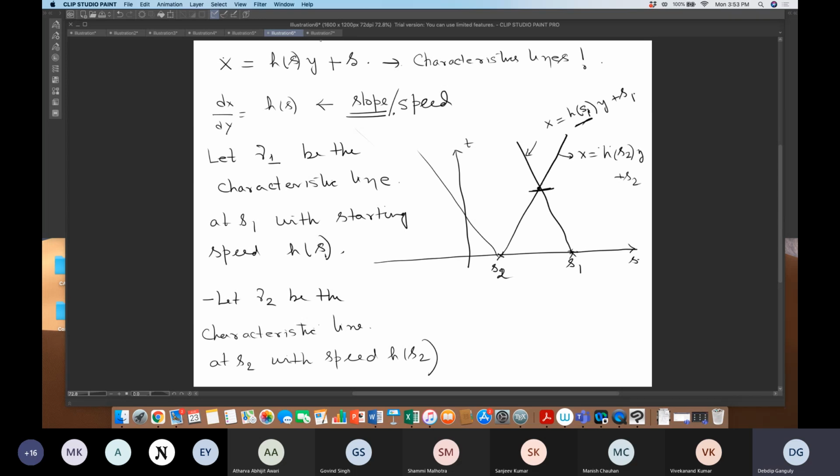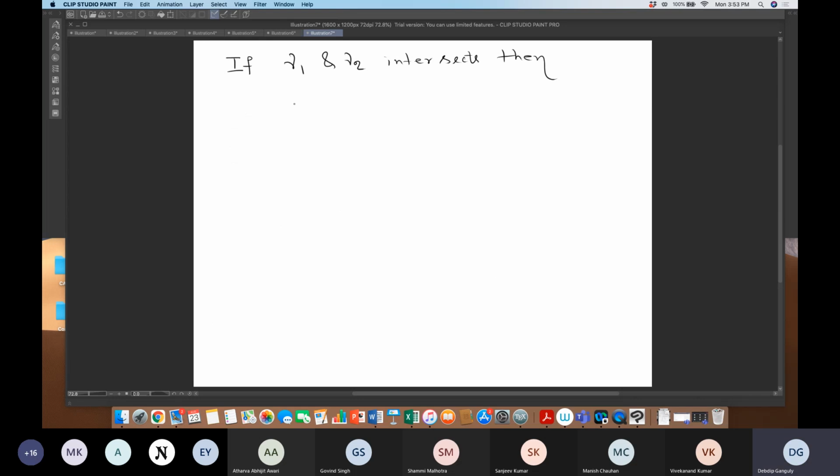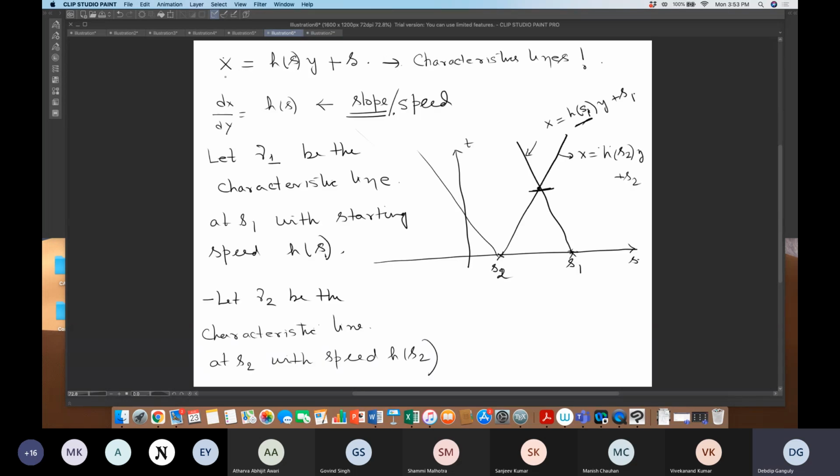What is the meaning of the point of intersection? Because x equals h of S1 y plus S1 should be equal to h of S2 y plus S2, since it starts from the point S2 with the slope h of S2.